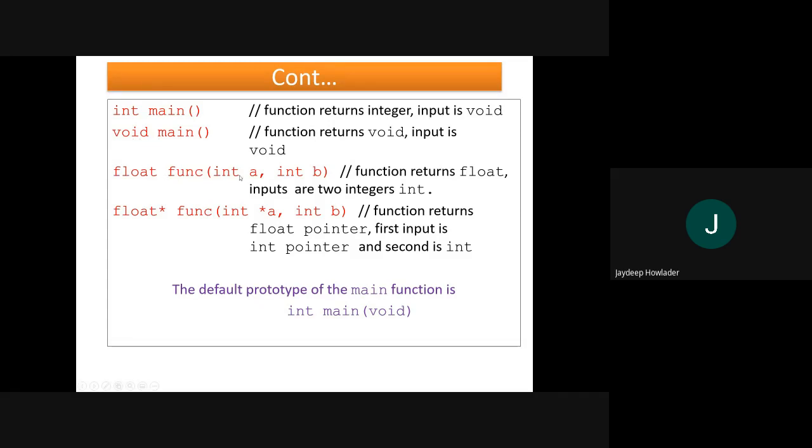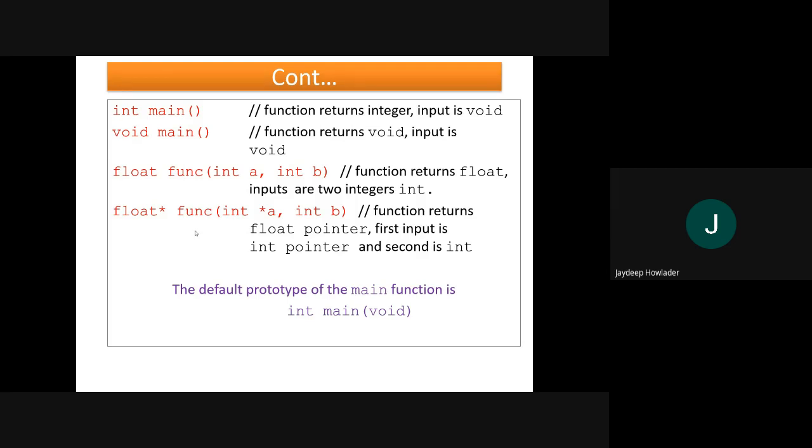So this is a function which takes two integers as arguments, a and b. a is the first argument, b is the second argument, and it also returns floating type data as the result. Similarly, this function takes a pointer to integers and returns some pointer. The simple thing is that the arguments may be any type of data which is available in the C programming language.